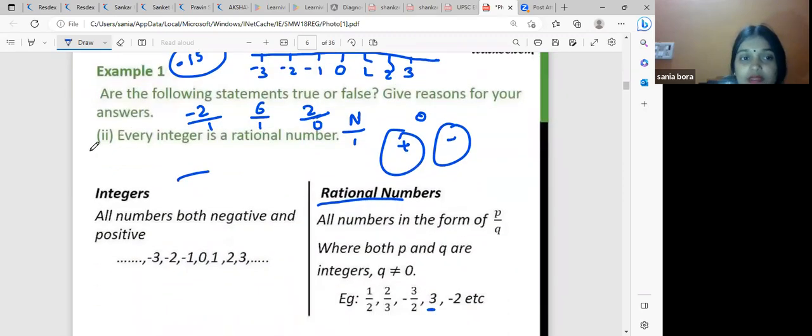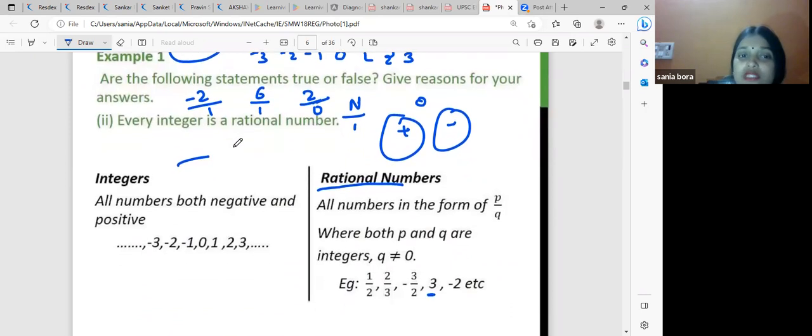Now the next statement: every integer is a rational number, but every rational number is not an integer. I hope you got it.